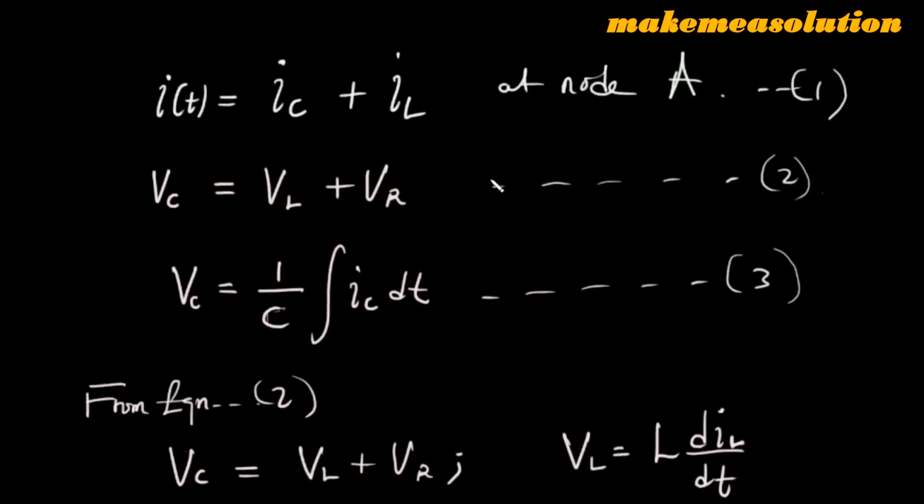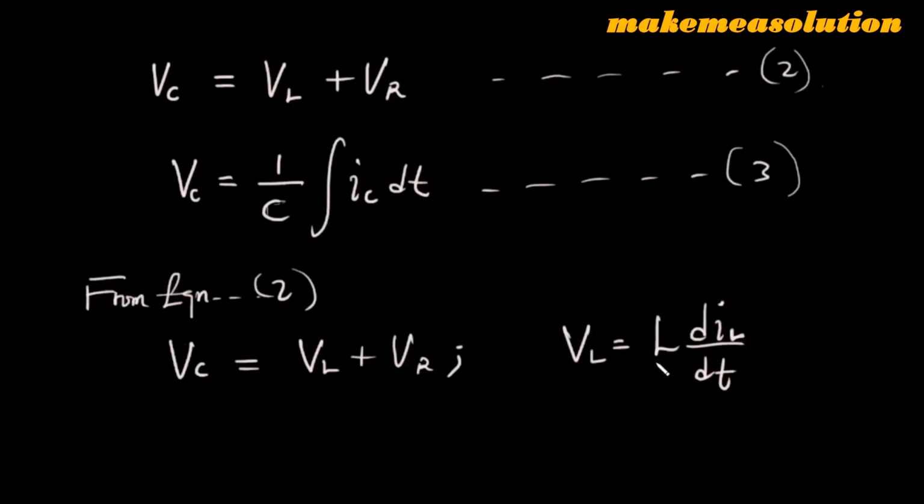That is the formula for calculating the voltage in an inductor. While the voltage in a resistor by Ohm's law is simply IR. It's still the inductor current that is going to pass through the resistor, so you now have ILR.